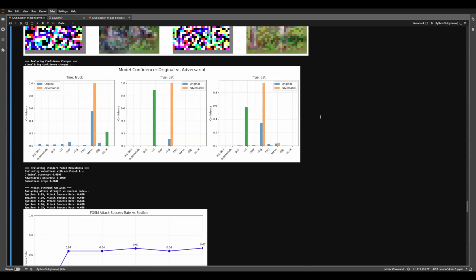Now, this is important. We want to talk about this, right? When you look at this, you can see that the original model, because of the confidence, right? Even if it's an actual image of a horse, it's less than 60% confident.